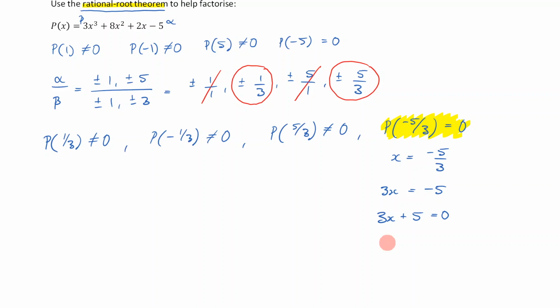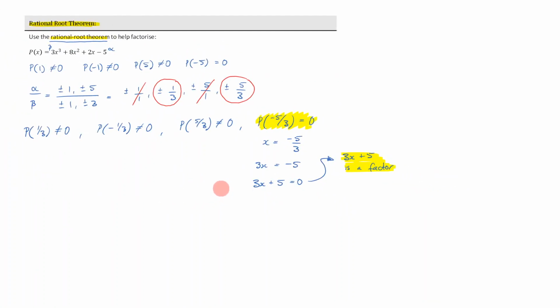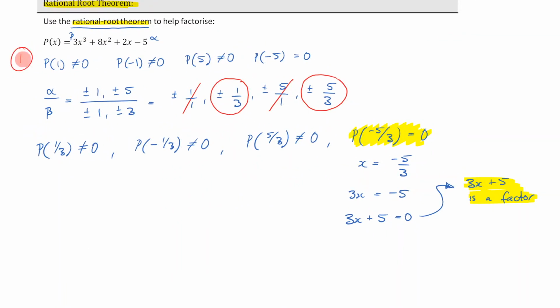So that means 3x plus 5 is a factor. Perfect.